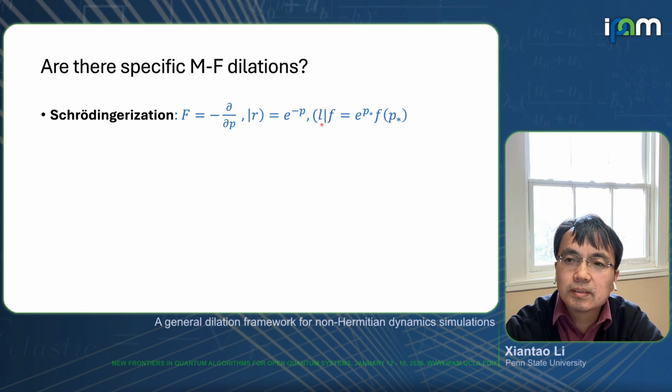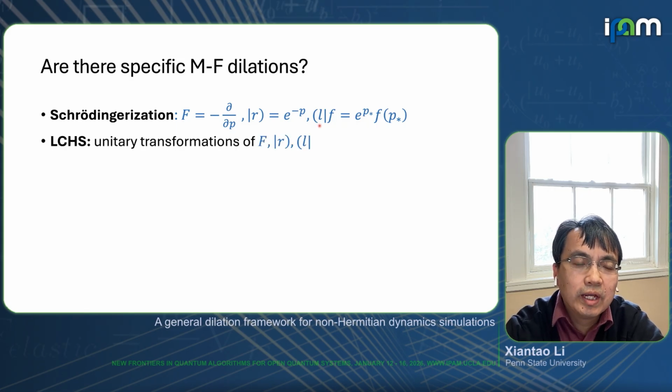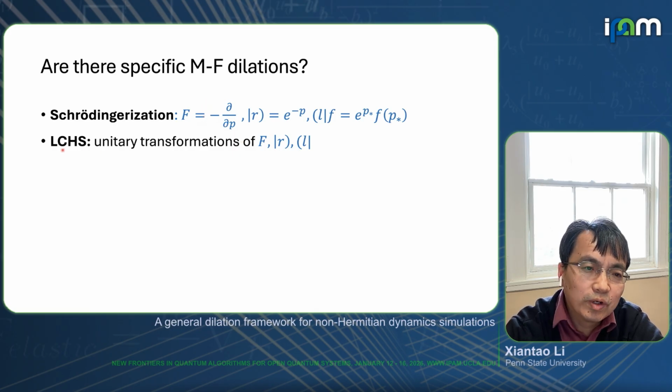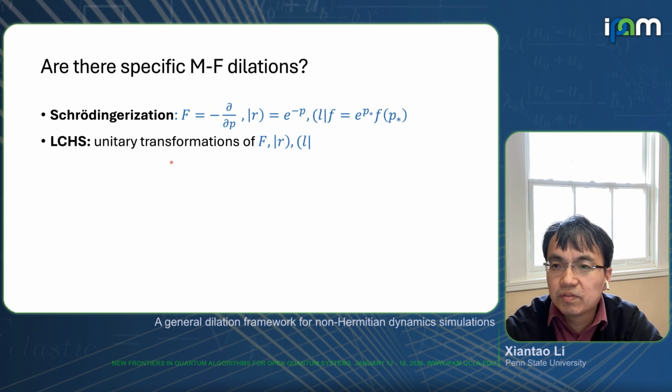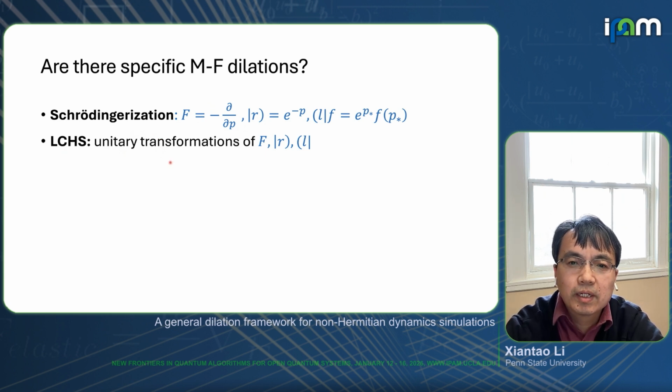So there are multiple choices. Now, there's also a connection between Schrödingerization and linear combination of Hamiltonian simulations. So you can take this triple here and apply a similarity transformation using Fourier transform, and you get the same formula as linear combination of Hamiltonian simulations. That being said, in those papers, they rely on different algorithms. Okay.